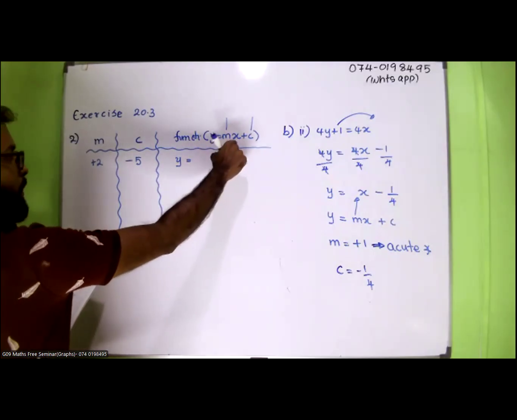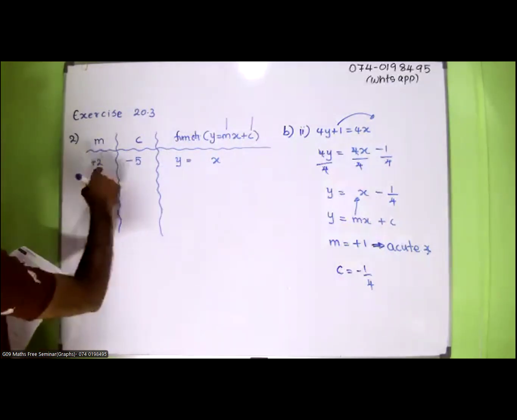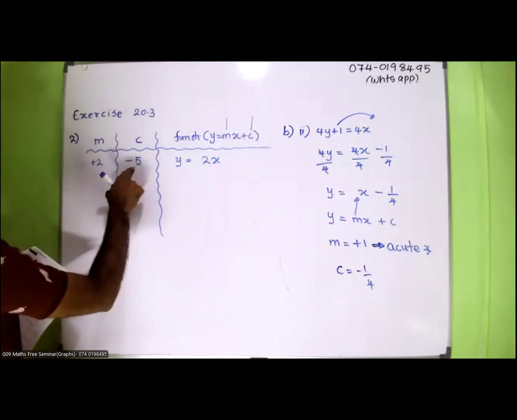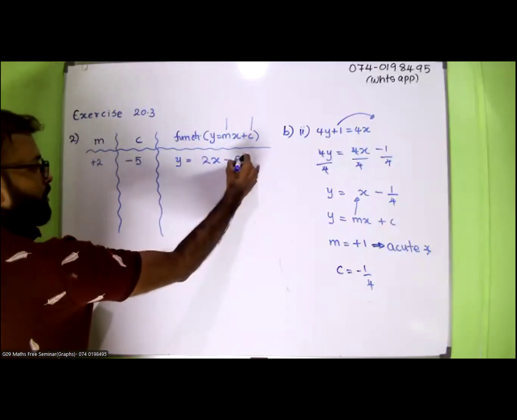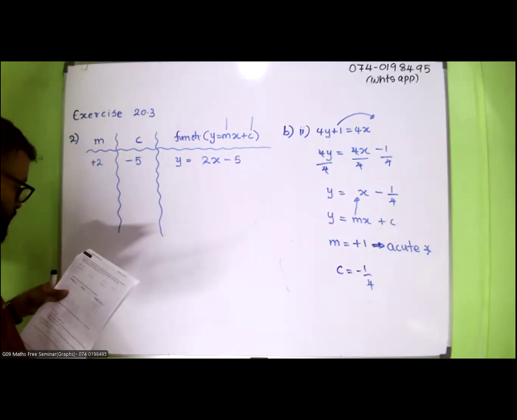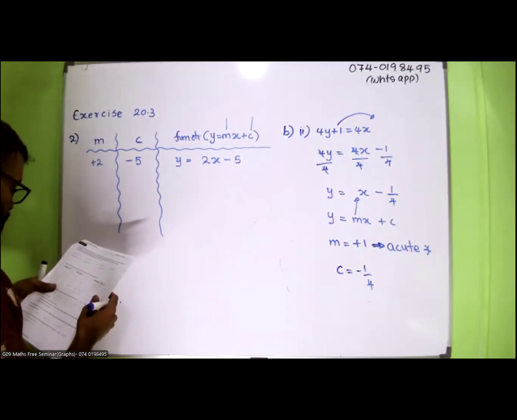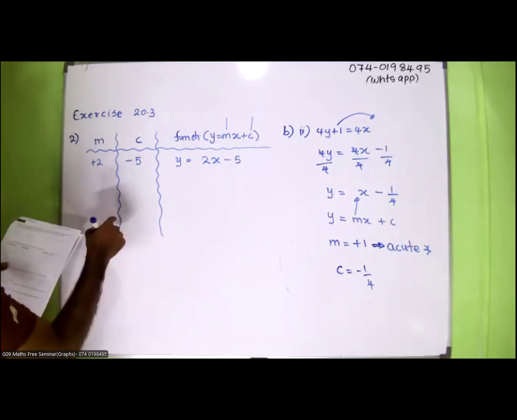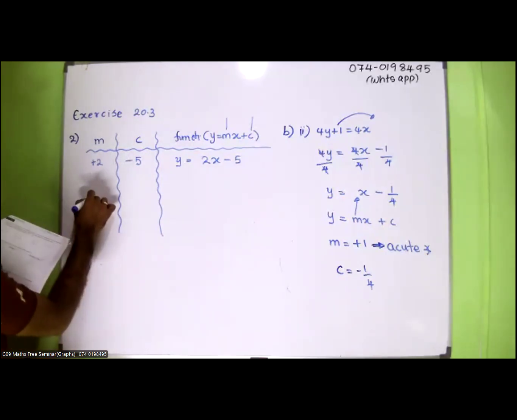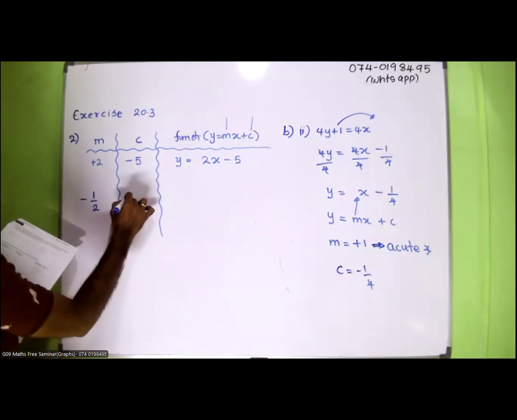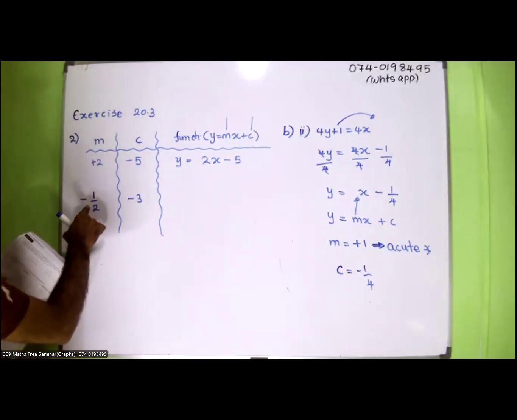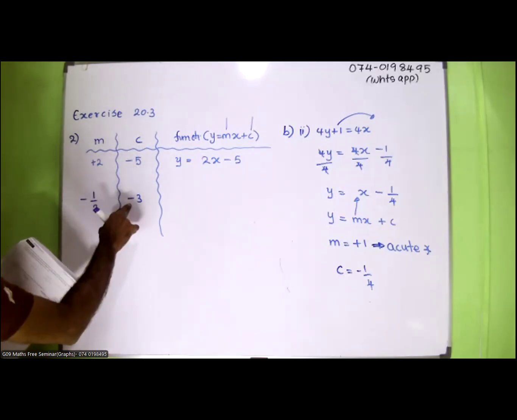So y equals mx plus c. Instead of m, I am going to substitute 2, and instead of c, I am going to substitute minus 5. Try to catch the pattern. Then do the next one, minus half. Instead of m, I am going to substitute minus half, and instead of c, minus 3.